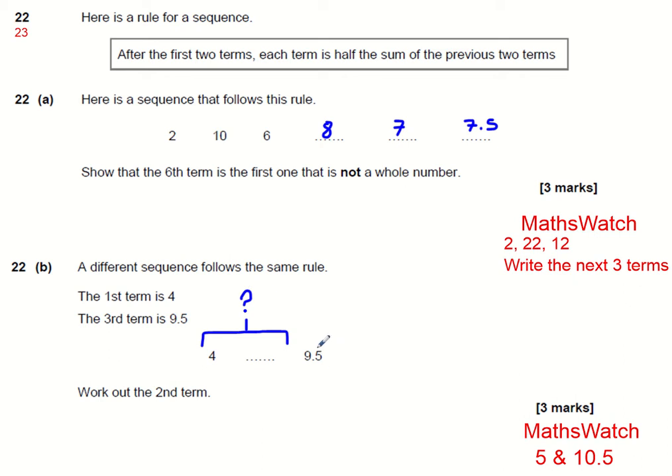So if we undo the halving and multiply it by 2, 9.5 gives us 19, which means the sum of these 2 terms must have been 19, and that would be 4 plus 15. So the second term is 15.